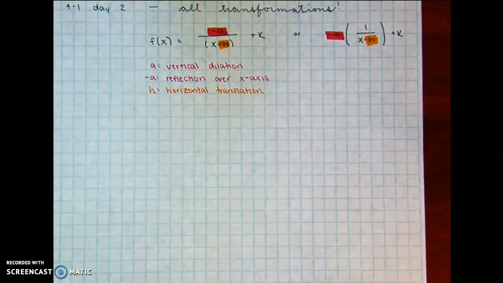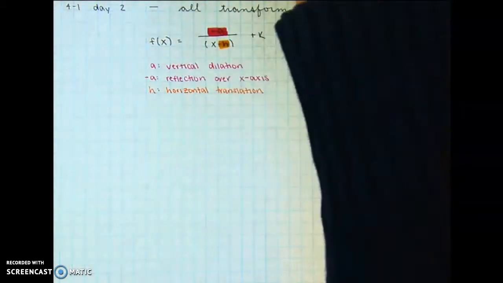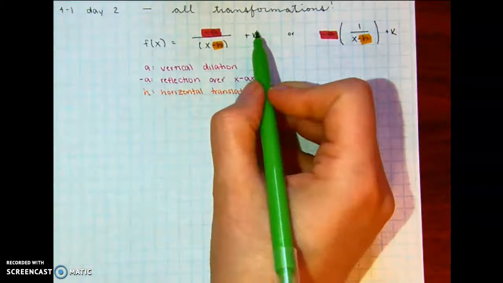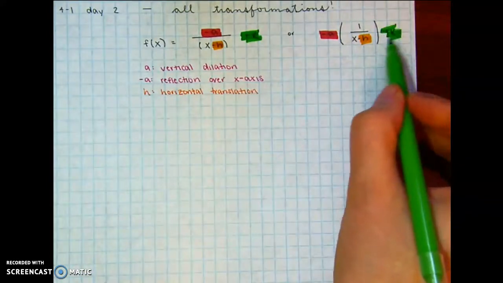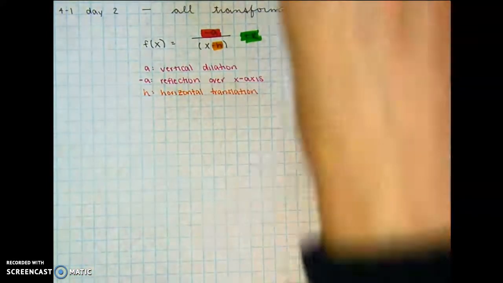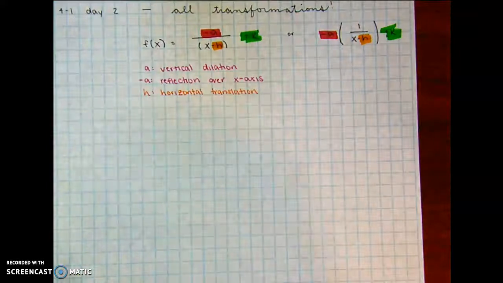And remember, it moves the opposite direction of the way you would think. And then there's k, and k is a vertical translation.